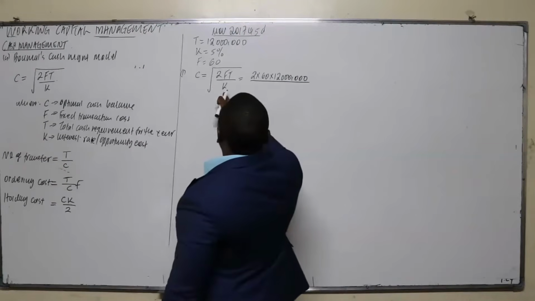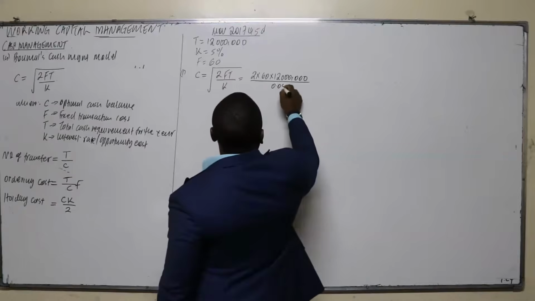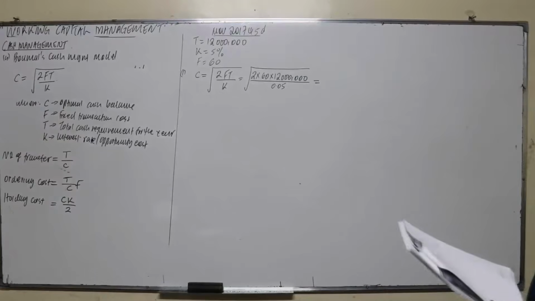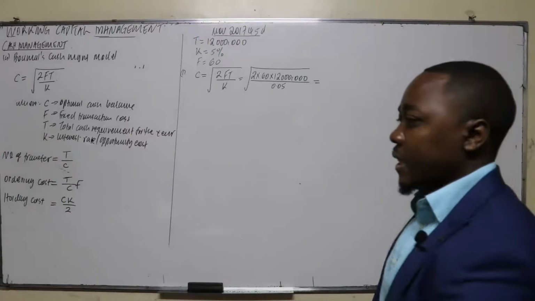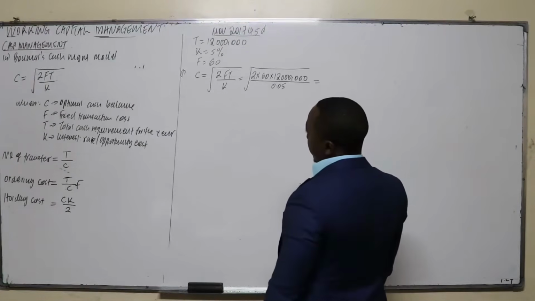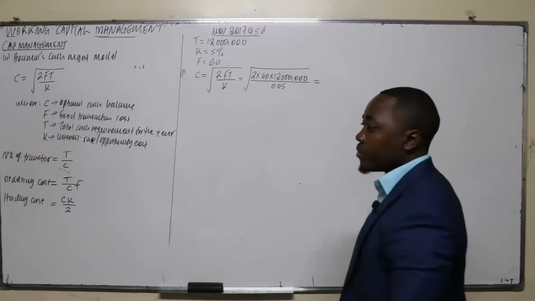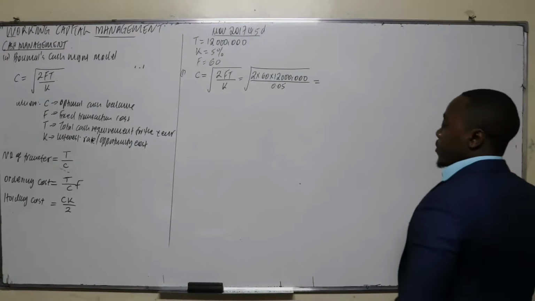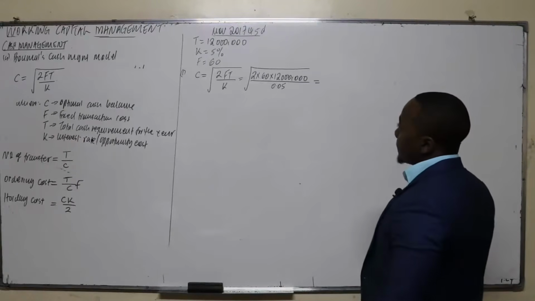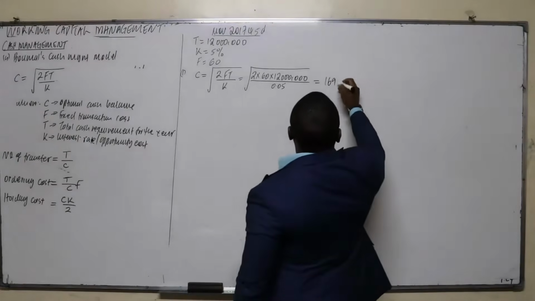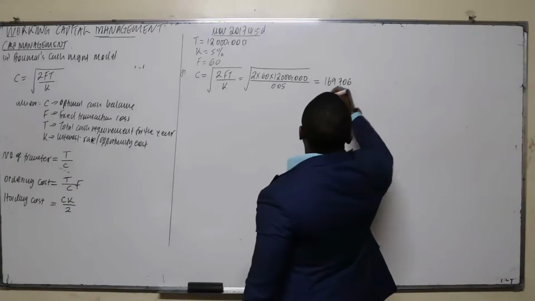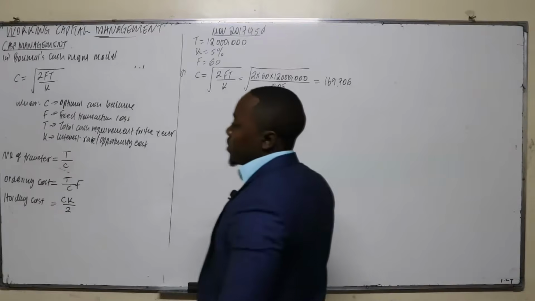All of it you divide by K, which is 5%, 0.05, and then you get the square root. Let's work with 169,746.